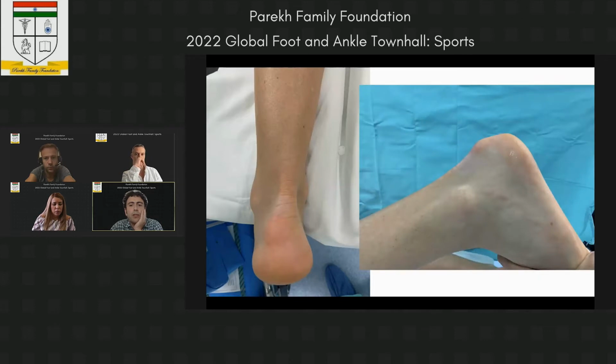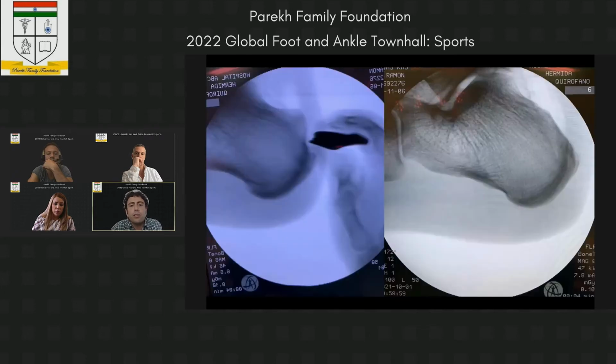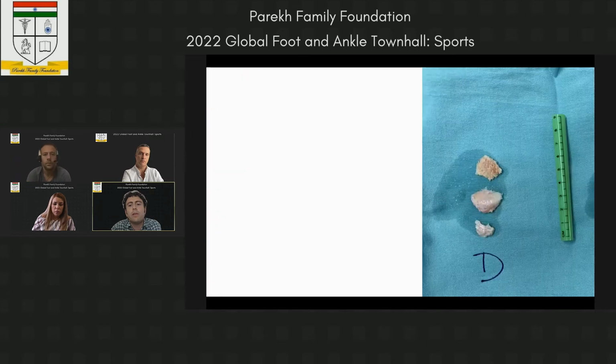So we decided to do a resection of the bump there and a very, very small detachment of the tendon. It probably would be like 10, 15%. We always do this with a fluoroscopy. We can see this. Okay, take a little bit of bursa also.